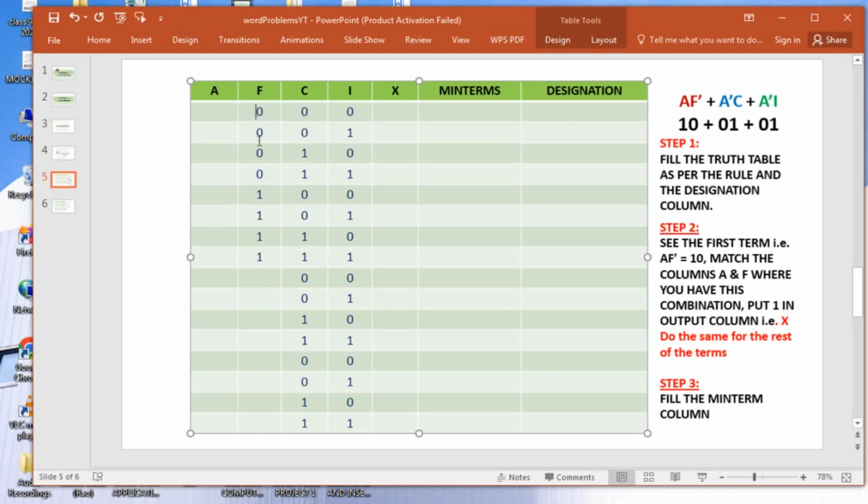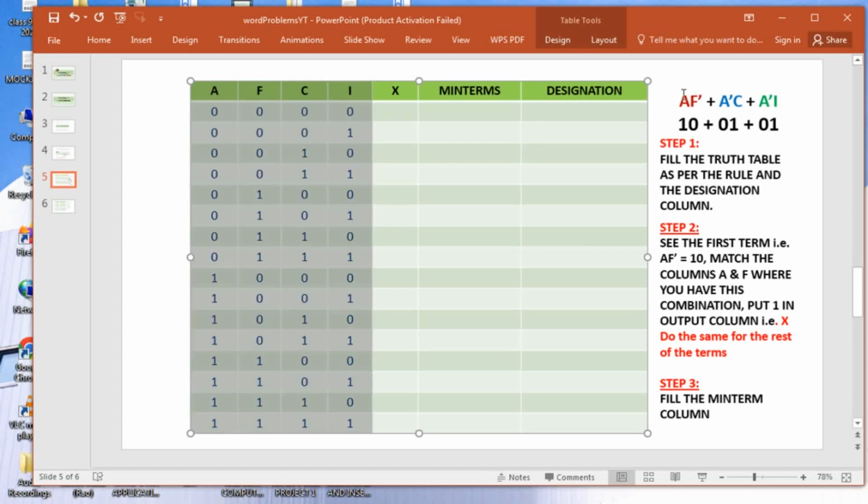I'll copy this again here, and then double of 4 is 8. So 8 zeros, 1, 2, 3, 4, 5, 6, 7, 8, and 8 ones, 1, 2, 3, 4, 5, 6, 7, 8. Now the variable columns are filled.